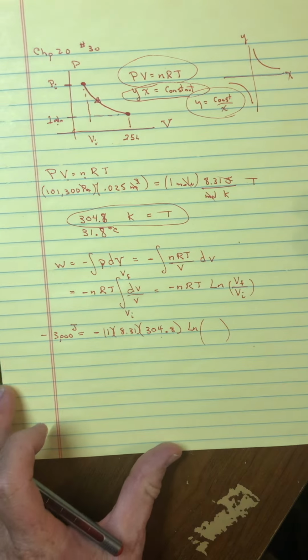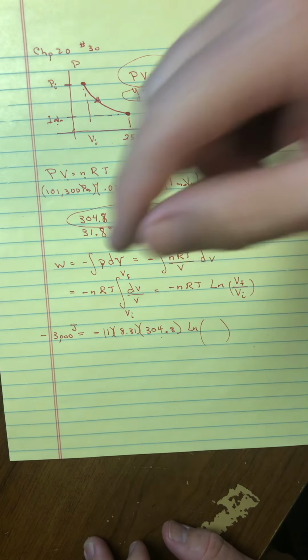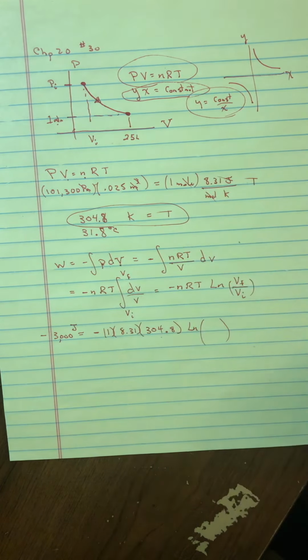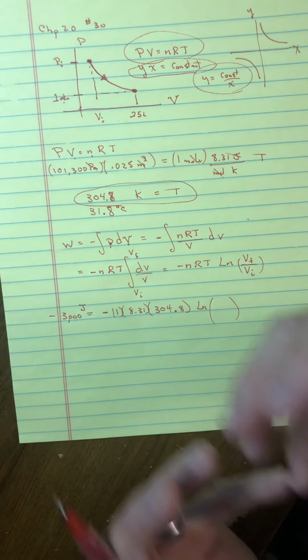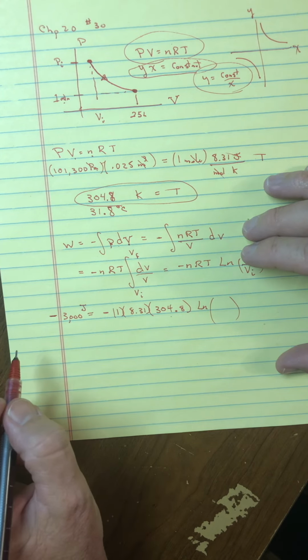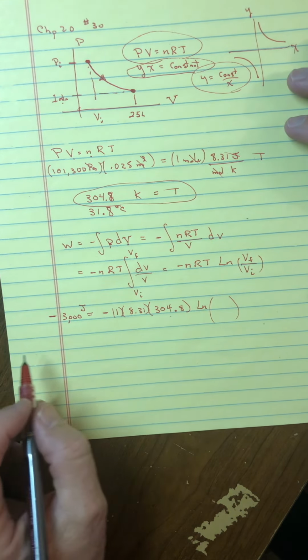Don't overlook that because they say 1 mole of an ideal gas does 3,000 joules of work on its surroundings. So the energy is leaving the gas. And so when energy leaves the gas, it's negative. And of course, it matches that negative on the other side, and that's perfect.